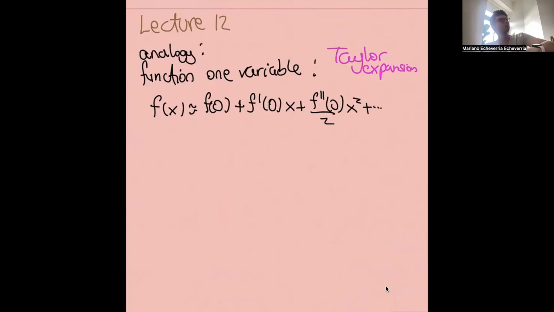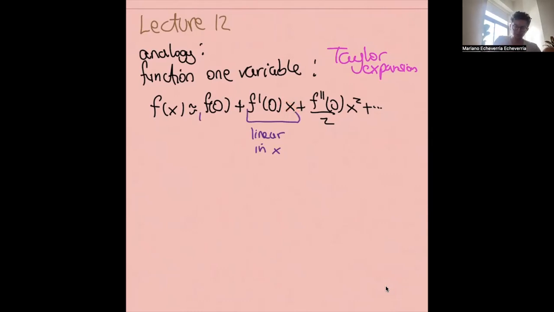Usually, in calculus already, the first and second derivative give you good information about the function. But one way to think about the Taylor expansion is that it breaks the function into something that is linear in x, meaning the power of x appears raised to the power 1.